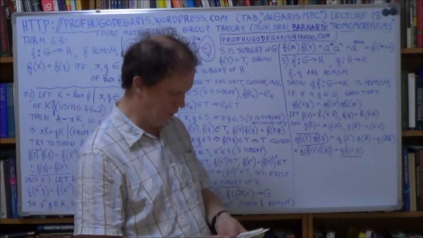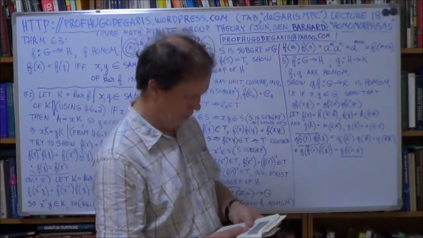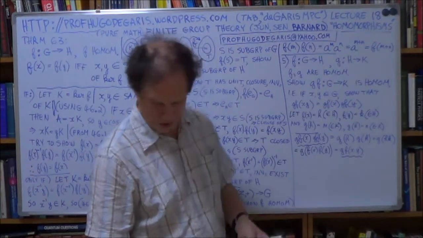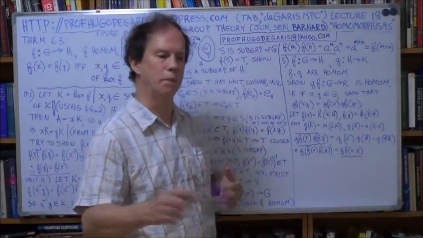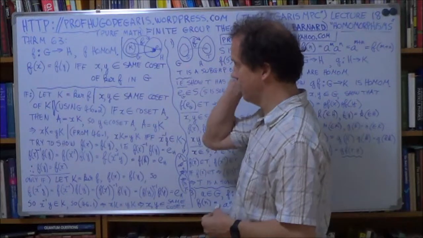Oh yeah, if x and y map to the same element in H, so in other words, f of x equals f of y, what can you say about x and y? Well, here's your answer.